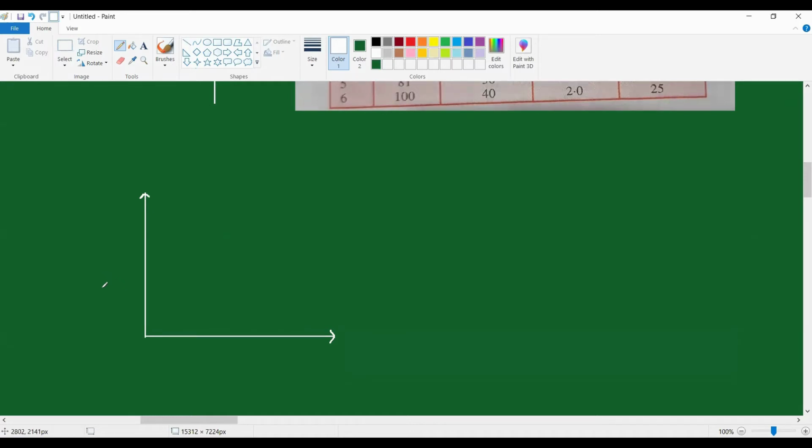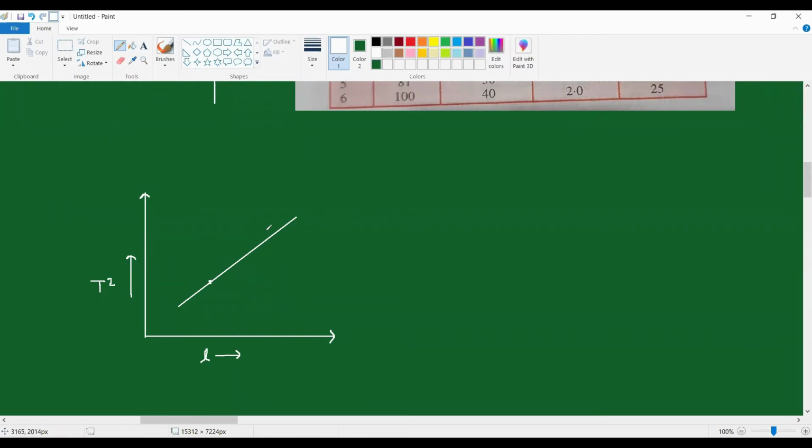Suppose this is t square and this is length. So we can easily observe that it is constant. So the time square versus length graph will be a straight inclined line. Clear?